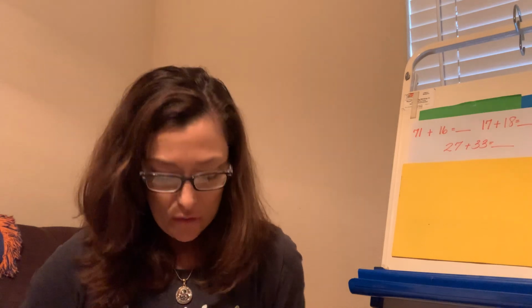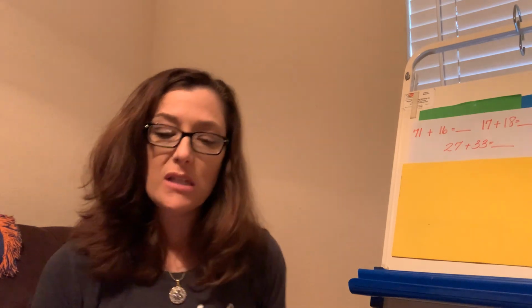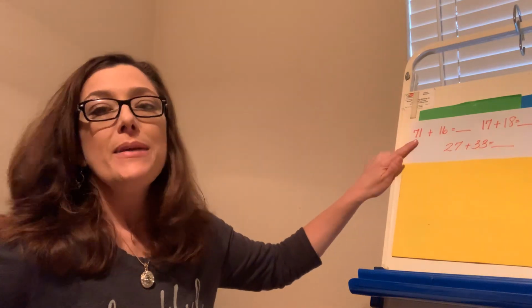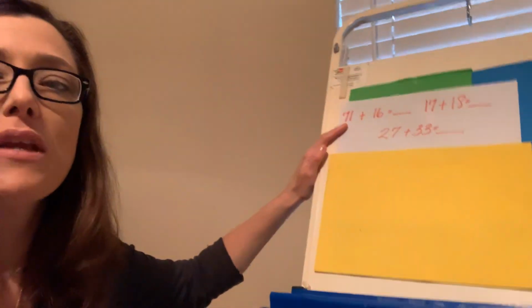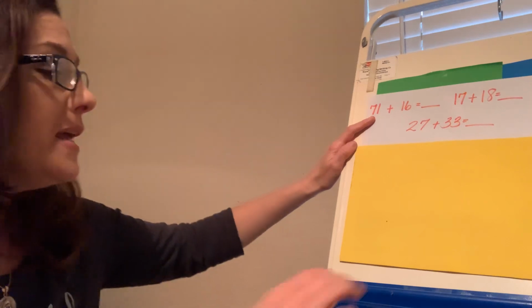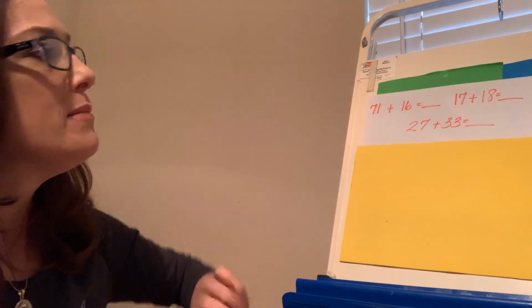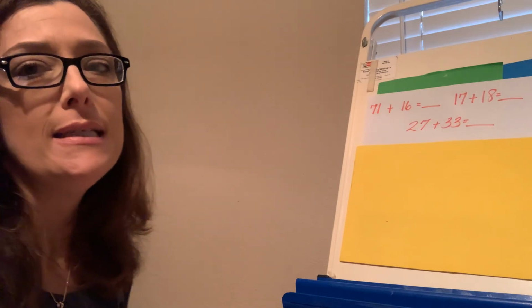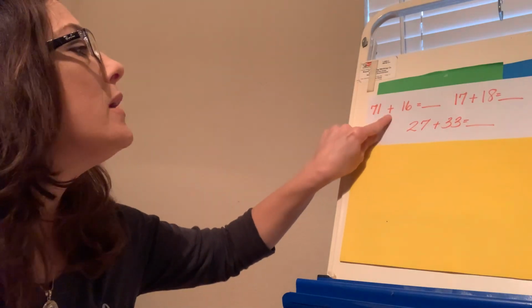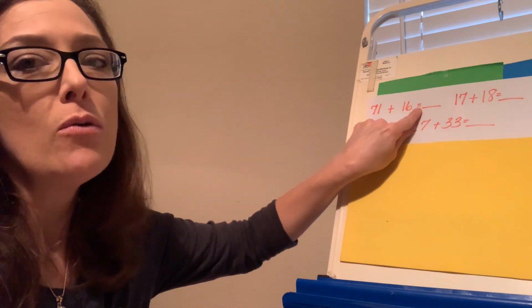Okay? So the next thing we're going to talk about is up here. Let's bring you up closer. If you're adding sums and you're horizontal, remember you find your ones digits. 71 plus 16 equals blank.